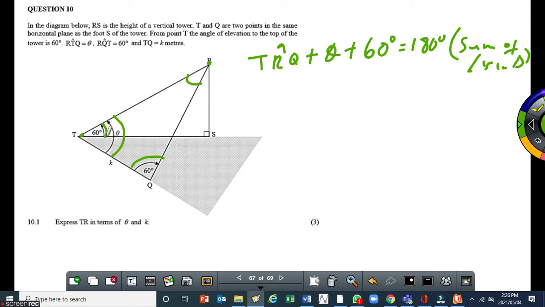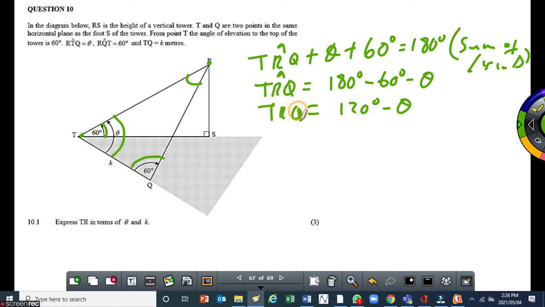Now here I want to find the size of that angle TRQ in terms of theta. So my TRQ is going to be equal to 180 degrees. I take that theta to the right and the 60 degrees, I get minus 60 minus theta. And that will give me 120 degrees minus theta. So that's this angle TRQ, which will be 120 degrees minus theta.